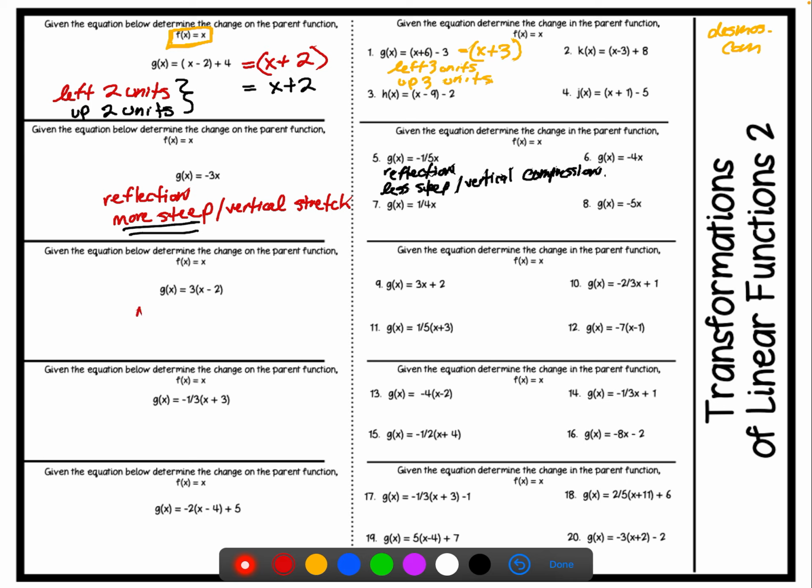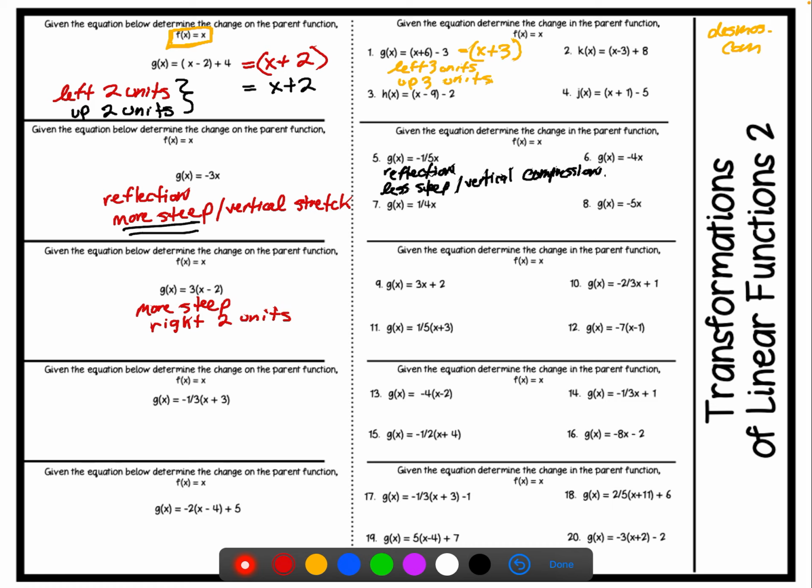So the first description we're going to write here is more steep, also known as a vertical stretch. The x minus 2 inside the parentheses means we're going to go right 2 units.